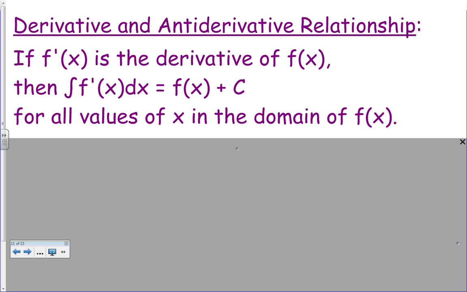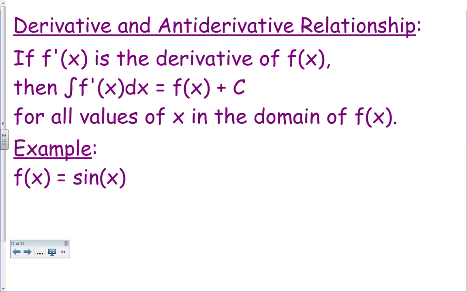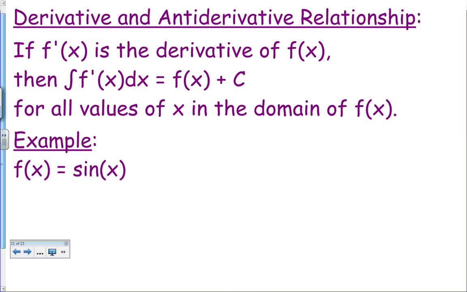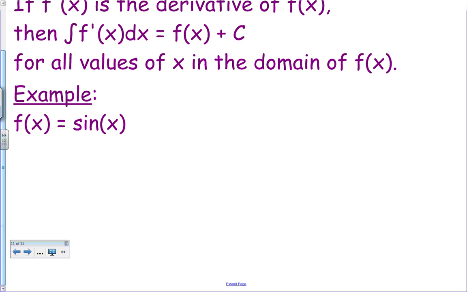Let's take a look at an example just to illustrate what this property is stating and what we've actually used over and over again. Let's just say that we've got some function f of x, the sine of x. We can find f prime of x, of course. Derivative of sine is the cosine of x. And so, again, if I find a derivative, I can just reverse this process and find the antiderivative to get back to the original function.